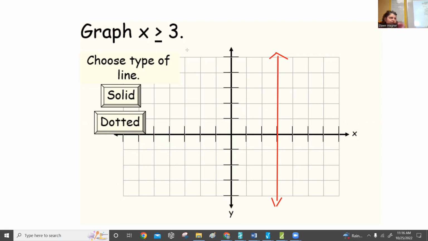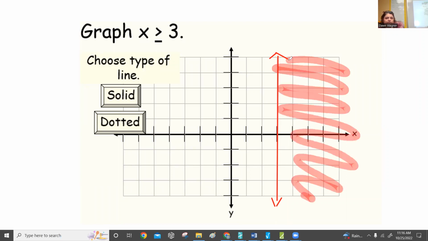To the right or to the left? To the right. So I shade this way. Make sense or doesn't make sense? Okay.